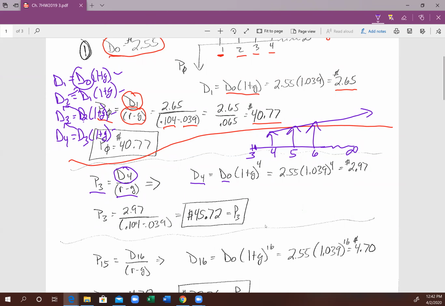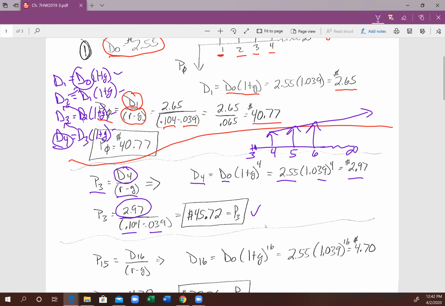An easier way to find it is if you know D0 and you know the constant growth rate, you could do it the long way, but the easier way is just take it times 1 plus g to the 4th. Once we have D4, we can divide it by r minus g, and in other words, we found P3, because P3 is equal to D4 divided by r minus g.